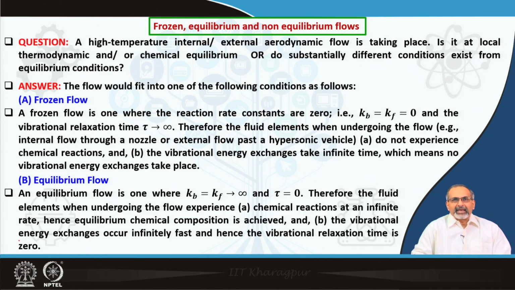We begin with A, frozen flow. It is one where reaction rate constants are 0. So, the backward and forward rates are identically 0.